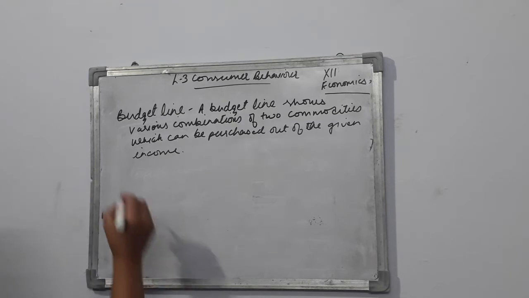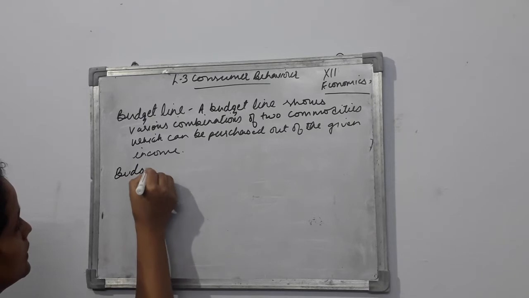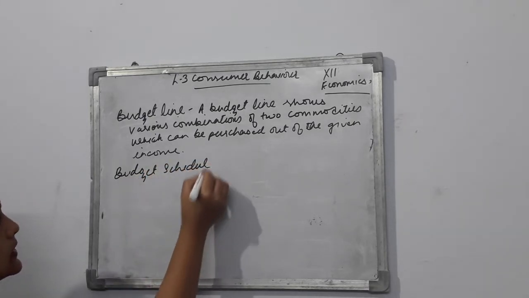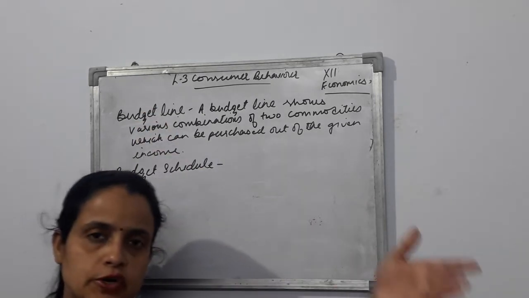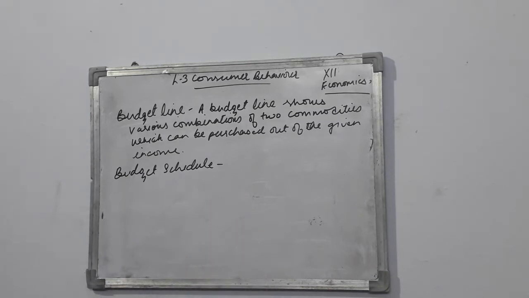Now let's come to what is budget schedule. We are doing budget schedule because we have to make a budget line also. Budget schedule could have been read before budget line, but I have done it this way. So we'll read a budget schedule. What is a budget schedule?